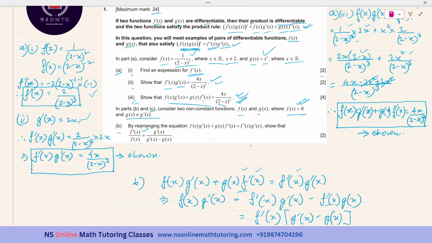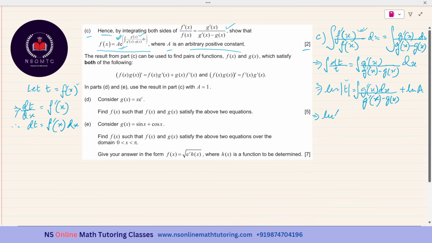Since f of x is greater than 0, I do not need that absolute value notation. So this is ln of f of x minus ln of a equal to the integral of g dash x over g dash x minus g of x dx.